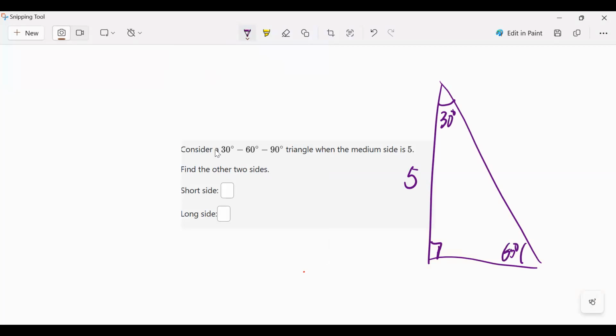The opposite of the 30-degree angle, assume it's x, right? And then the hypotenuse will be twice x, 2x. Based on this relationship and the assumption of the variables, we can set up the equation for x. So c squared equals a squared plus b squared: (2x) squared equals x squared plus 5 squared.